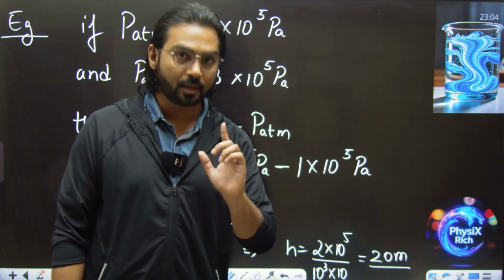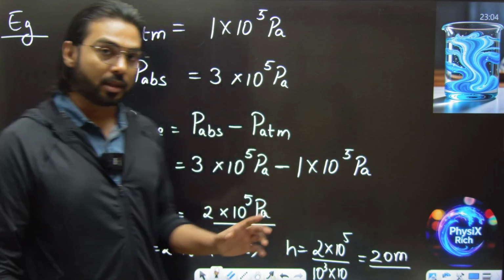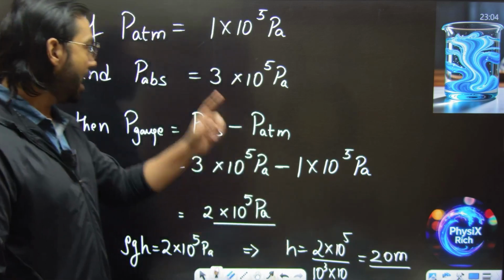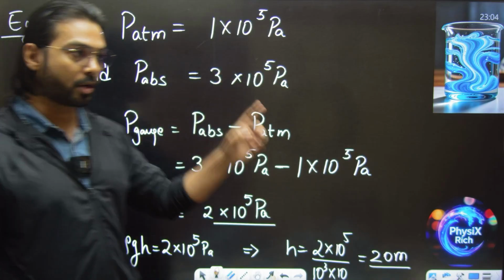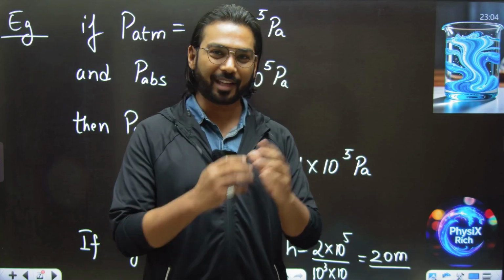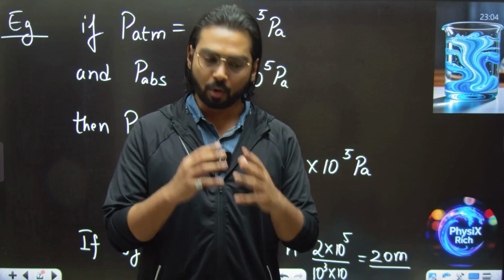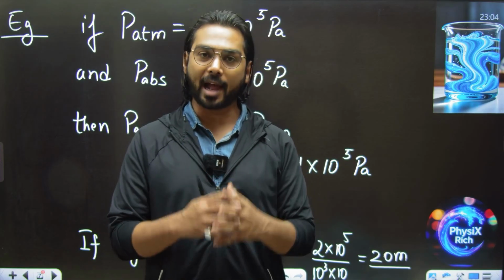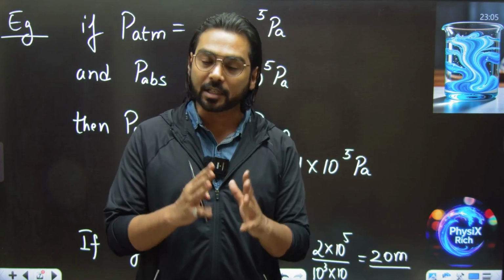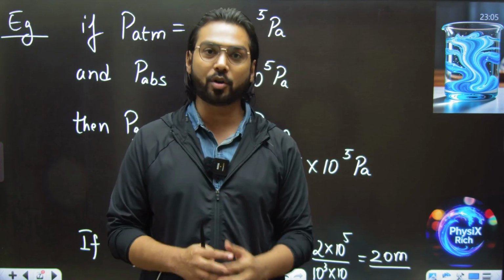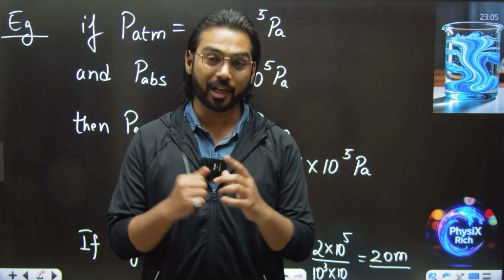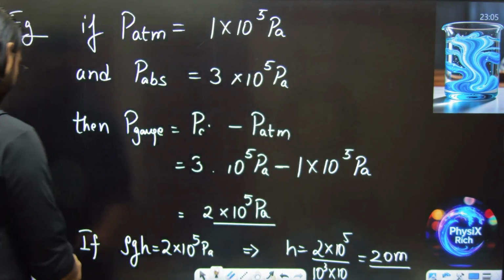But it's wrong because the pressure at a 20-meter depth is going to be the absolute value. It's not going to be the gauge value. So please be sure and do not make a mistake between gauge pressure and absolute pressure. More often than not, you will have to add the atmospheric pressure in your calculations. Whenever you find a free surface of the liquid, always make sure that you're adding atmospheric pressure into your calculations.